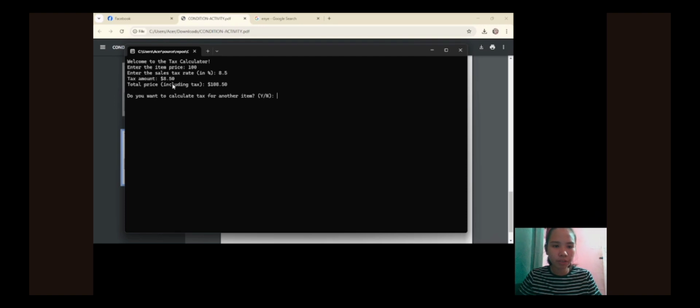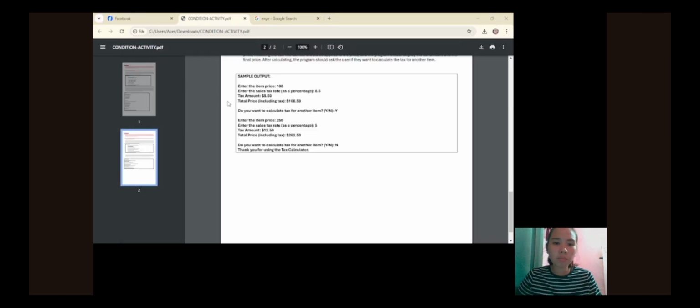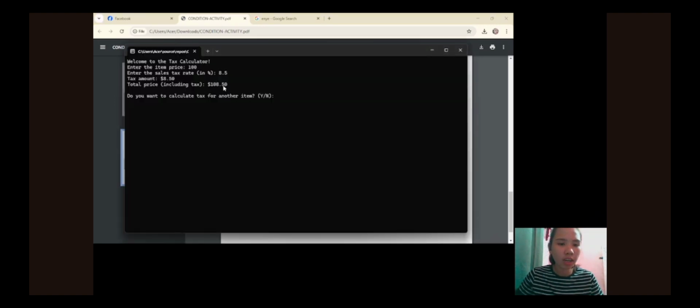The tax amount is 8.50, and the total price including the tax is 108.50. It asks if I want to perform another calculation. So yes.